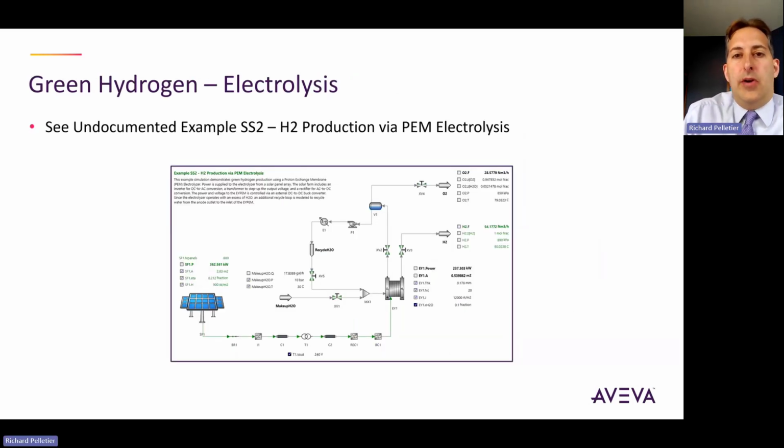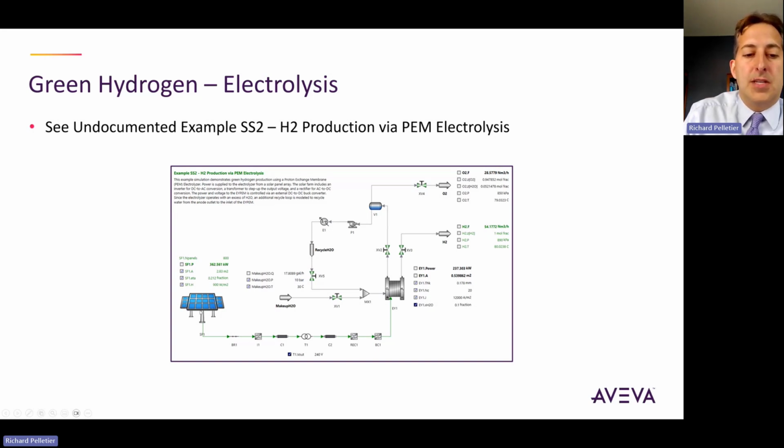The main way that we are going to focus on doing hydrogen production for this academic competition is going to be through the use of the renewables library's electrolysis model. And so there is an example here, and we're going to open it up later. There's this SS2 example file that you can open and reference that will show you how to use the electrolyzer, right?